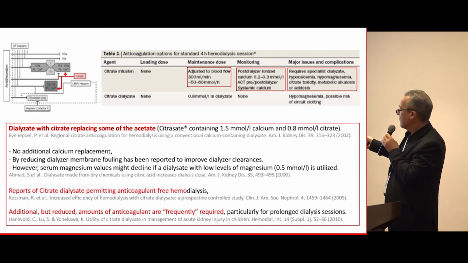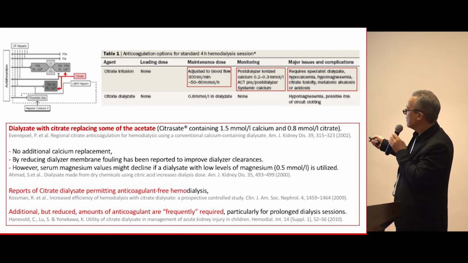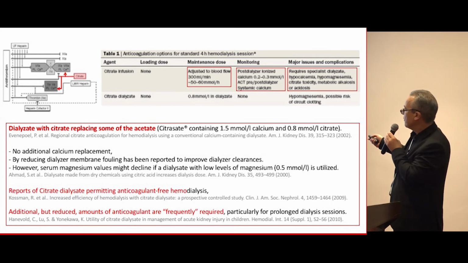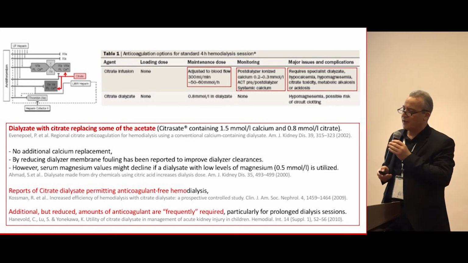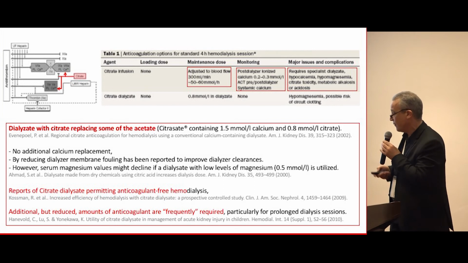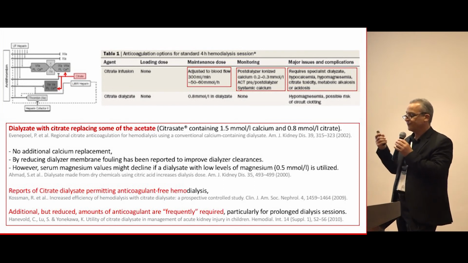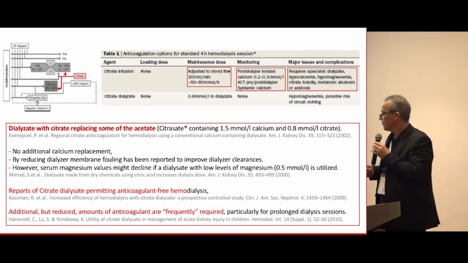We can use citrate as a maintenance dose without a loading dose, and for monitoring we use the post-dialyzer ionized calcium at 0.2 to 0.3 millimole per liter, of course, to inhibit the coagulation activity. And it is well used without any problem, it is not expensive, and we can use it without any problem.